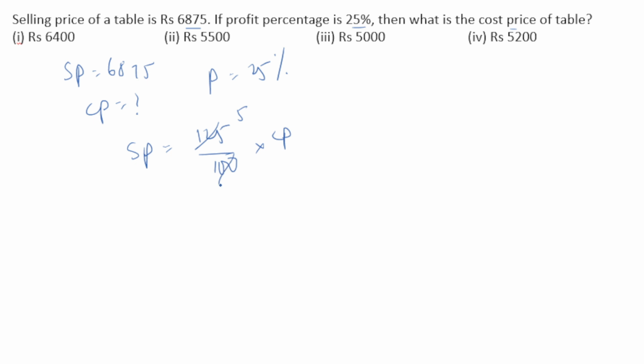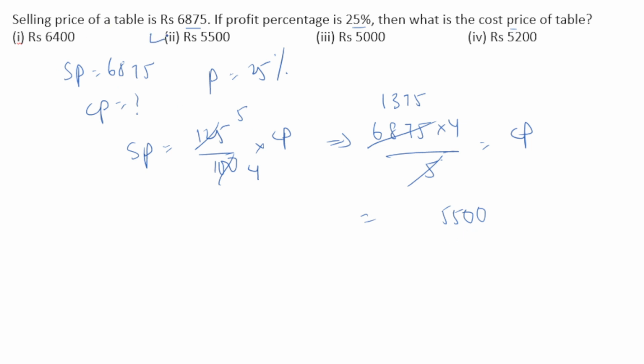This will be 5 by 4. So 6875 into 4 divided by 5 is equal to cost price. If you simplify, you will get 1375 into 4, so the cost price is 5500.